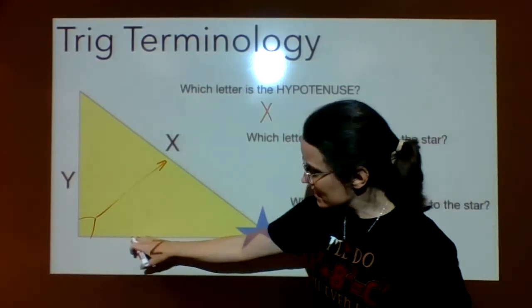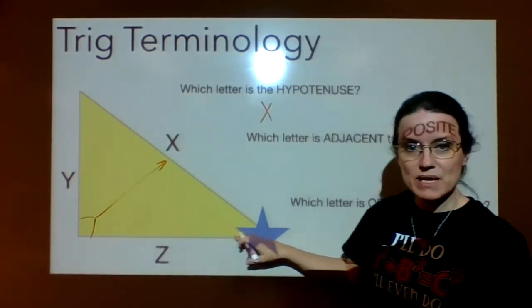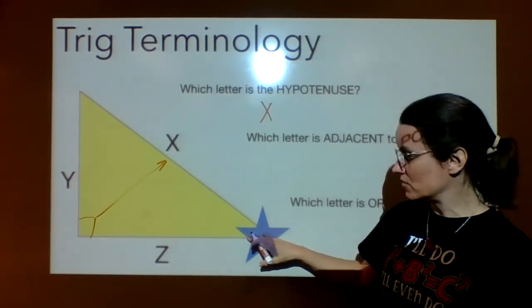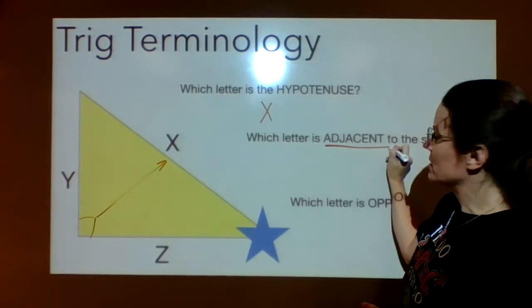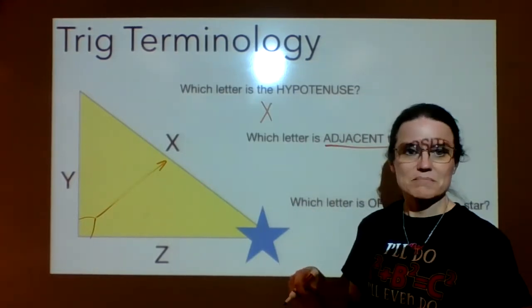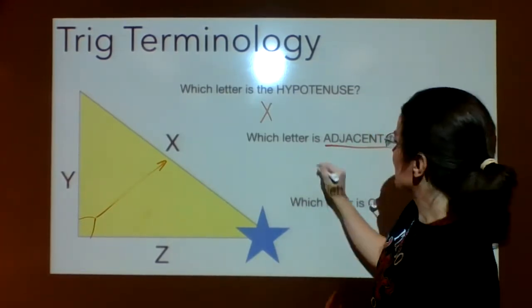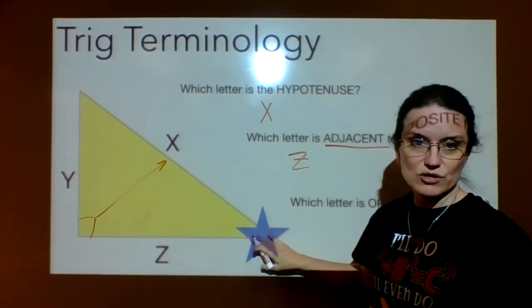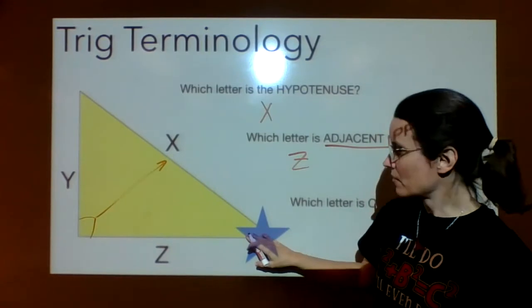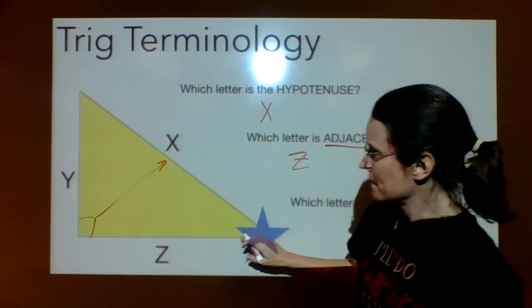But the side that is right next to it, that's coming off of my focus angle, so this letter Z here, this side, it's going to be called adjacent because adjacent means next to. So letter Z, this side, is adjacent to my starred angle. Okay, so it's right next to it.